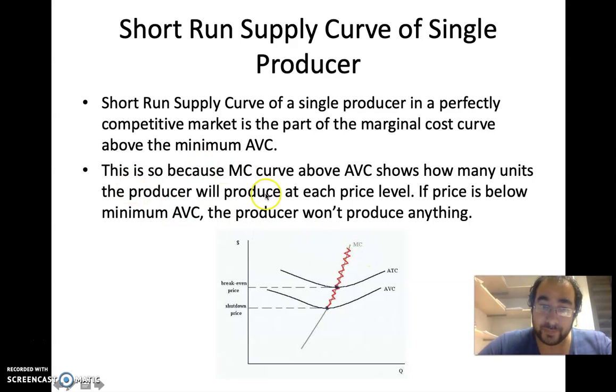So at any price level above the shutdown price, the point at which the horizontal line at the price level intersects with MC will basically show the point at which the company prefers to produce.